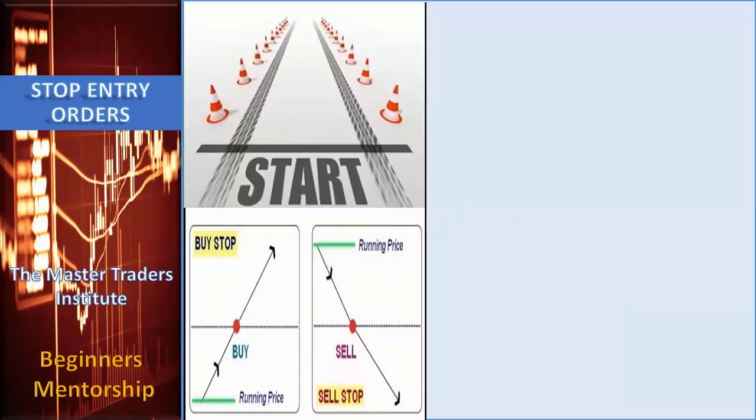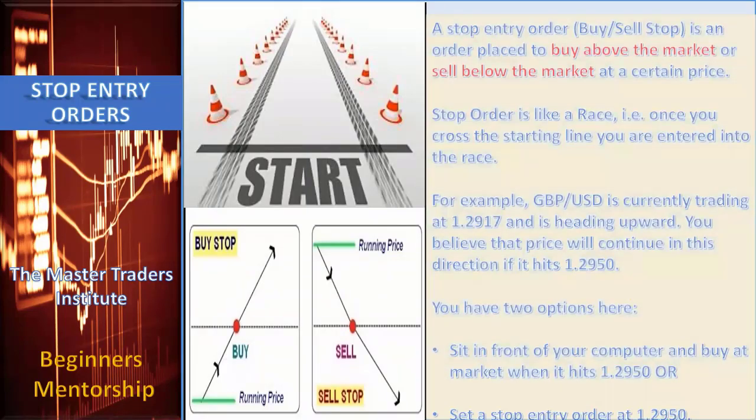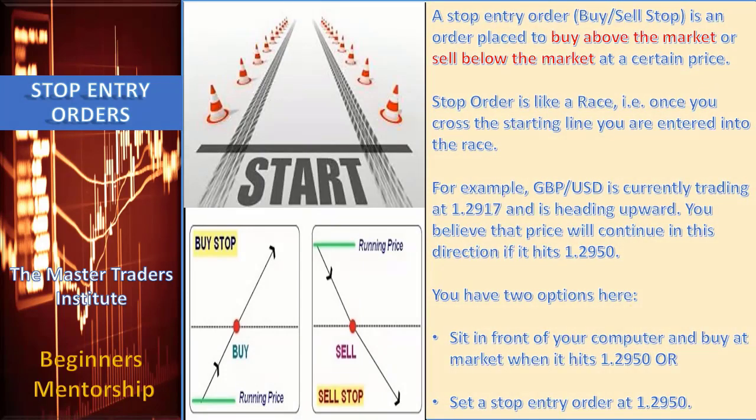Then we have the stop entry orders. There are two types of order, either a buy stop or a sell stop. A stop entry order is an order placed to buy above the market or sell below the market at a certain price.